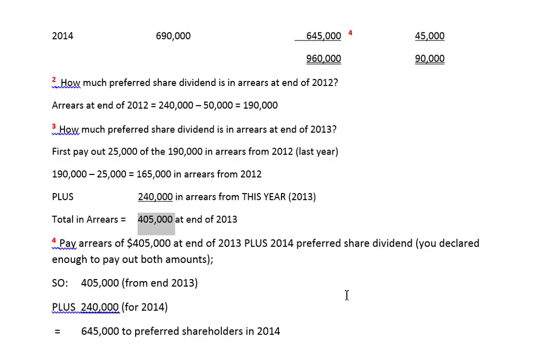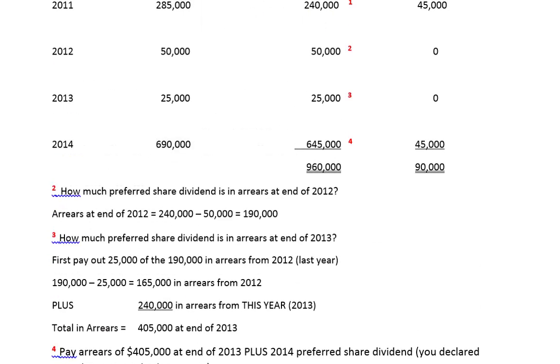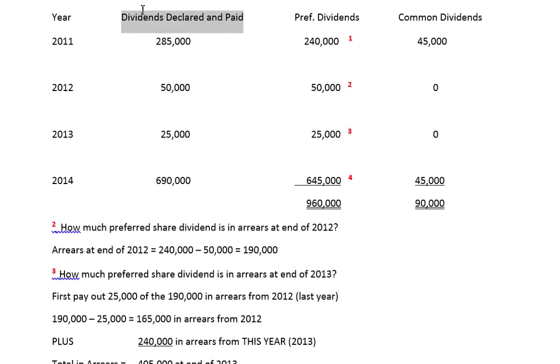I just have to hope and pray that I'm going to declare enough of a dividend in 2014 to settle that entitlement. And in fact, I did, because we see here in 2014, the dividend declared and paid was $690,000.